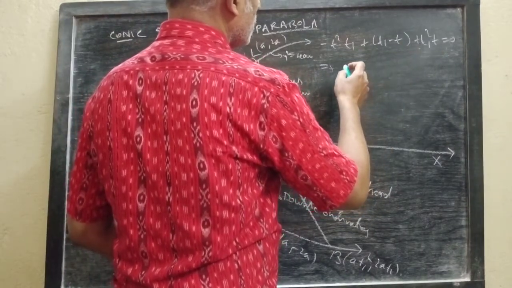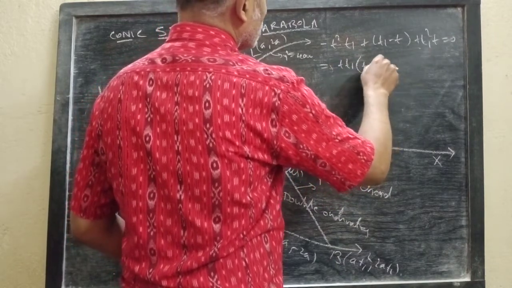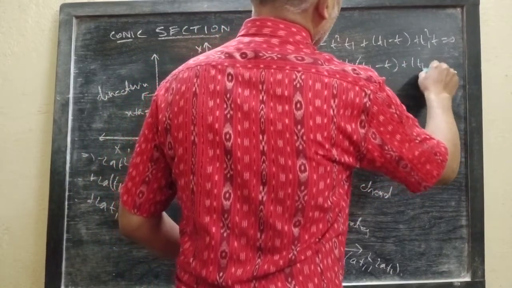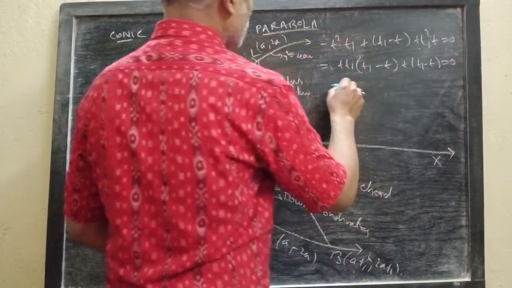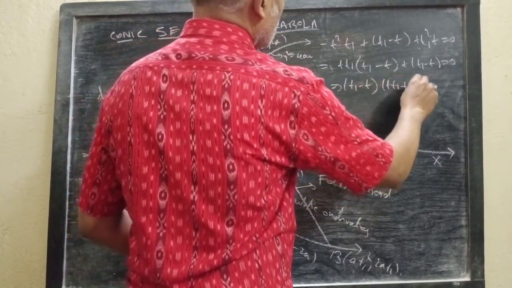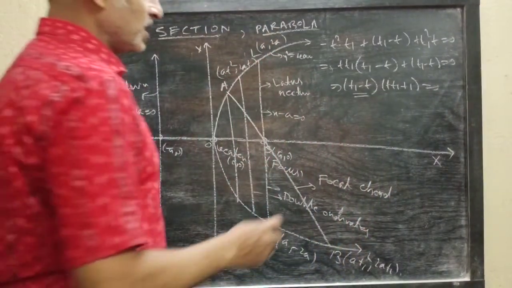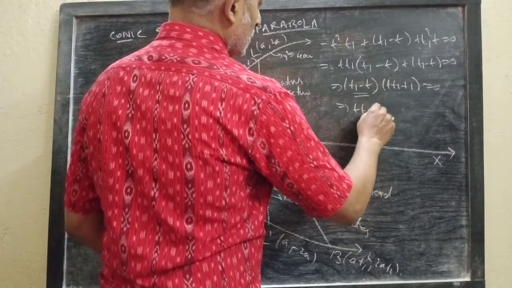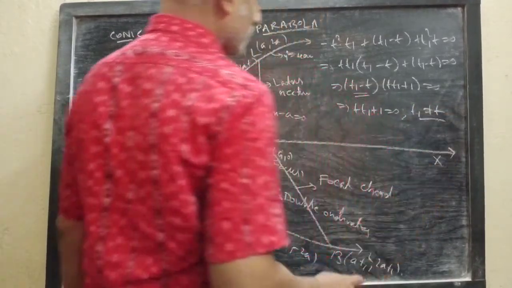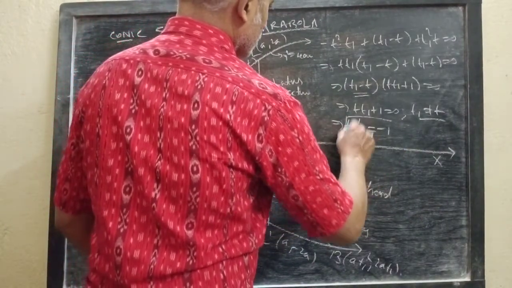Take tt1 common from these two terms, so we get tt1 (t1 minus t) plus (t1 minus t) equals 0. So we get (t1 minus t) into (tt1 plus 1) equals 0. Since t1 is different from t, we get tt1 plus 1 equals 0, that gives tt1 equals minus 1.